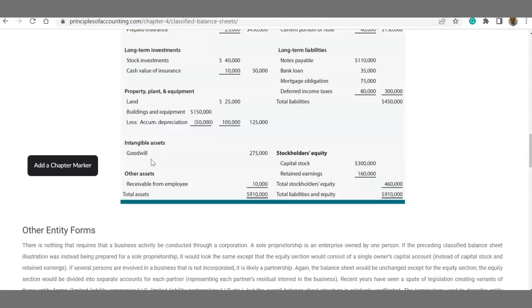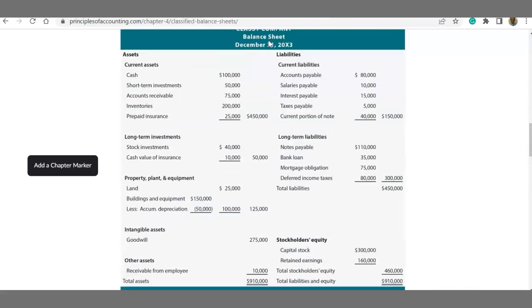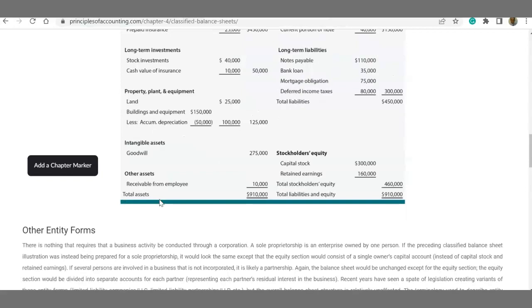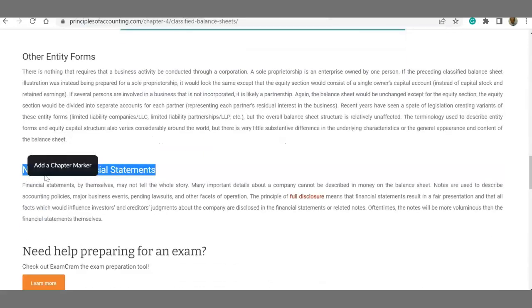Either you put everything in here, visible for everyone in the balance sheet, or just put the cute number here, 275, and call it intangible asset. If people really want to know what type of intangible asset you have, they go into the notes of the financial statements, go all the way down, and find the full details somewhere. So you have two companies that you are comparing, right? One of them is showing the details, one of them is not.